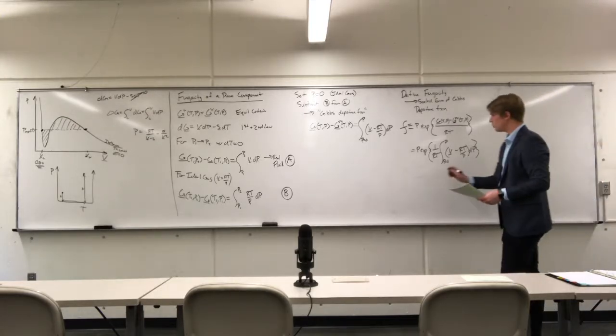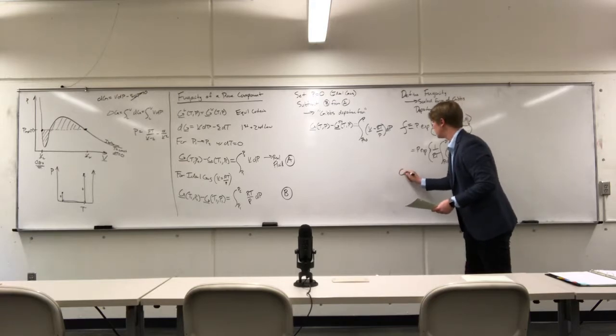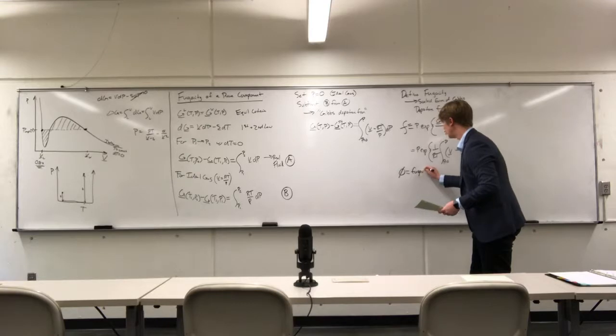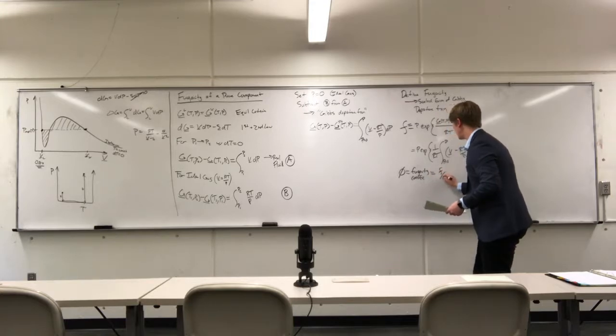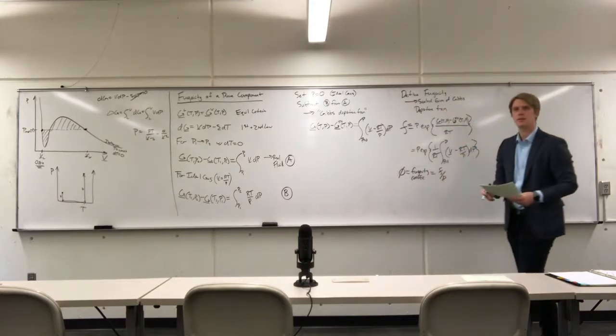A few more definitions. We can define the fugacity coefficient as simply the fugacity divided by the system pressure.